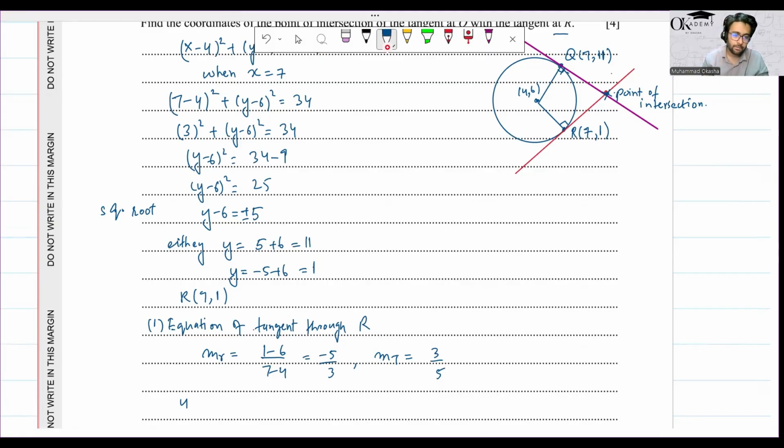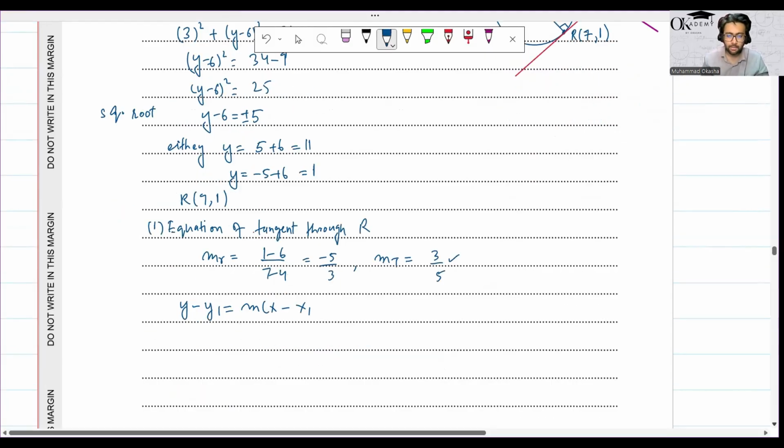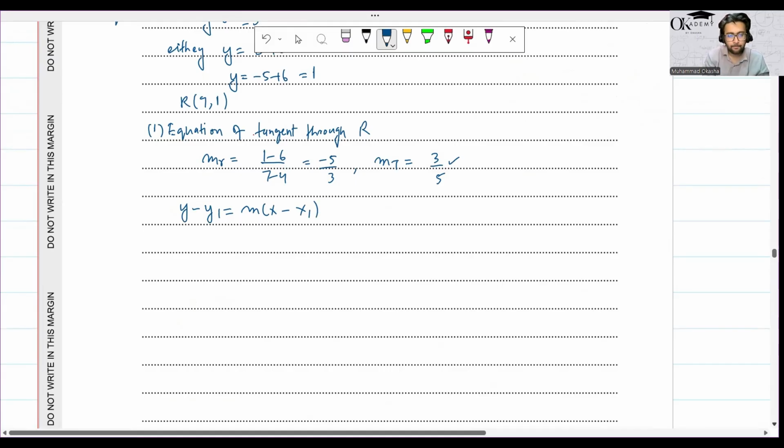Now the equation of the tangent through R would be y minus y1 equals m(x minus x1). This is the gradient I will pick. So I am going to get y minus, what is the point? R is (7, 1), right?